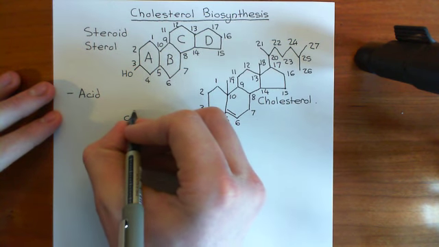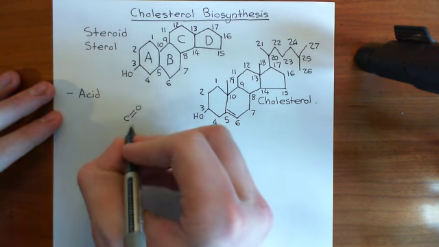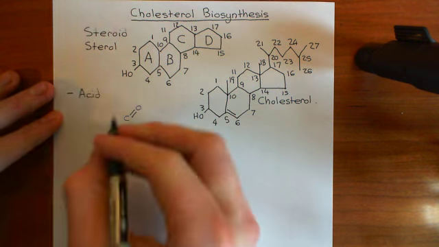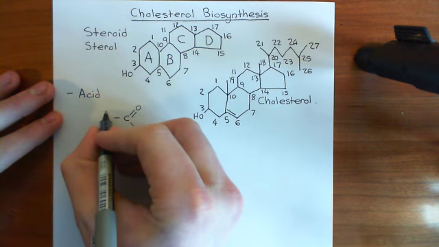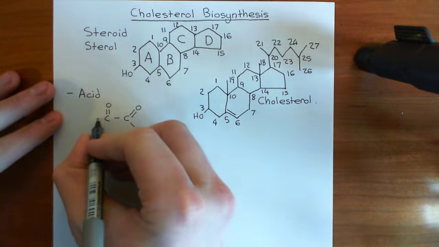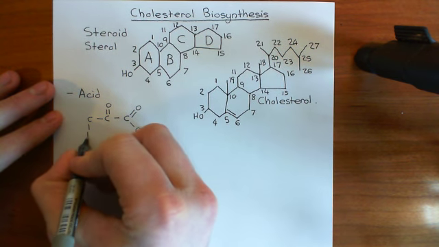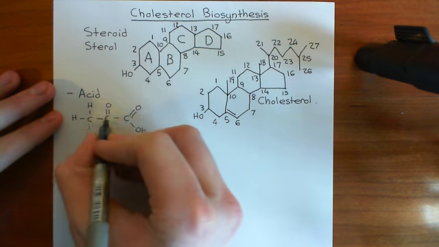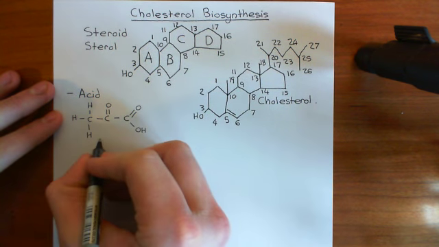Let me give you an example of an acid that we're going to see within this video. Actually, we're going to see the conjugate base of this acid within this video. This is pyruvic acid. It's a 3-carbon molecule where you have a carboxylic acid at one end and then a ketone group in the middle of the molecule like so.